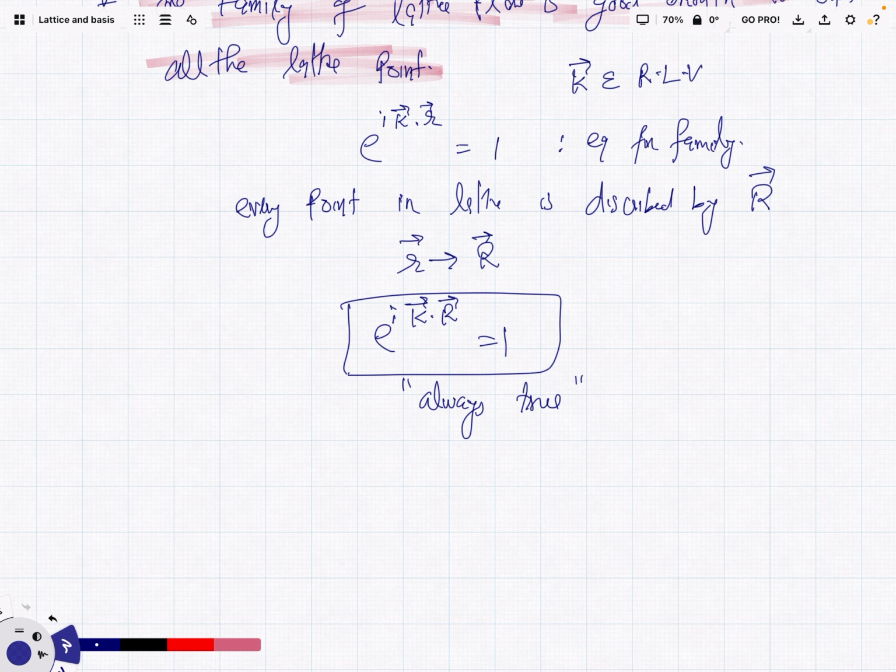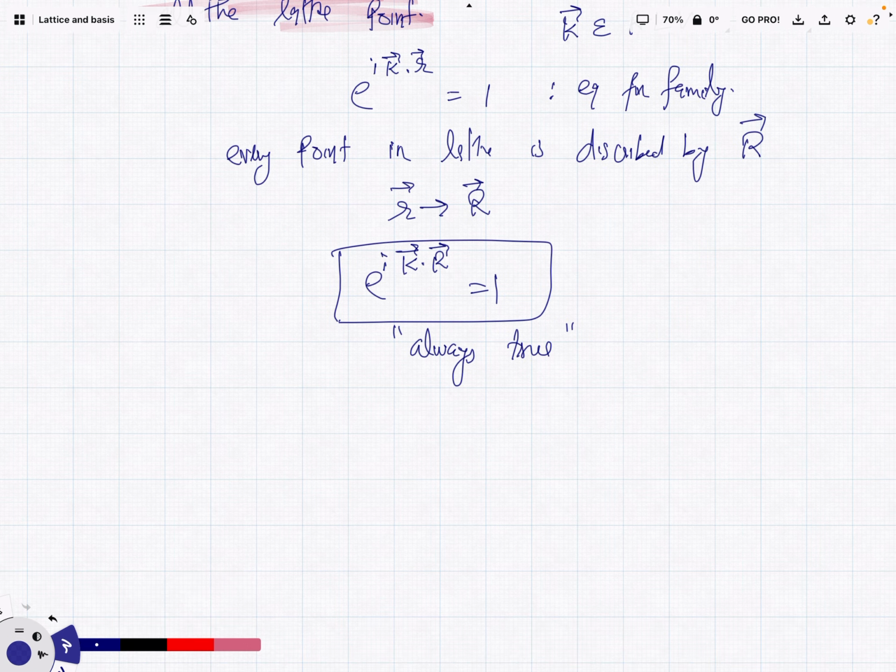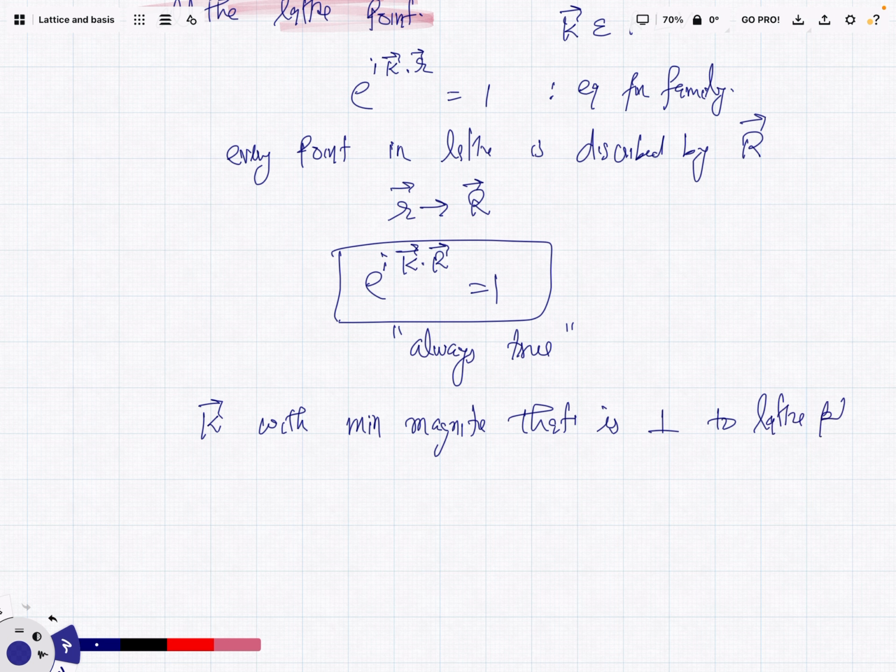To know the family, you just need two things: the spacing between the planes and the perpendicular vector. So if I give you the K with minimum magnitude that is perpendicular to the lattice plane family, you will know what family I am talking about, right?